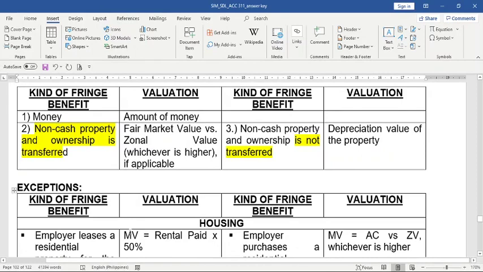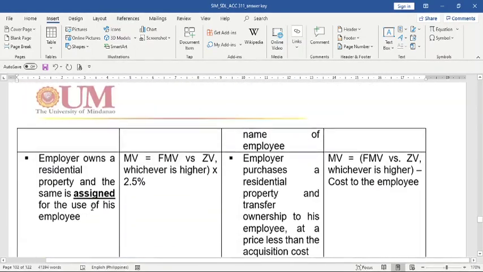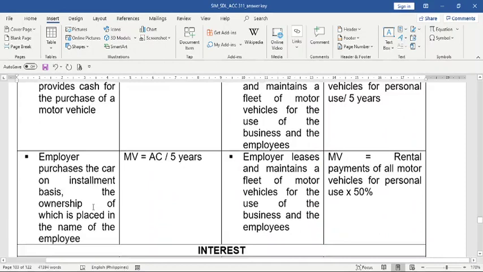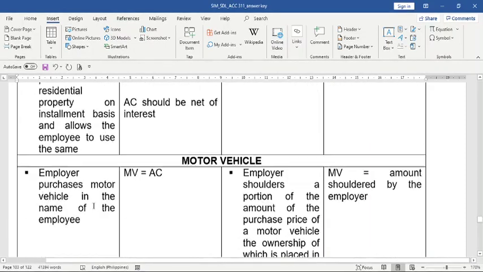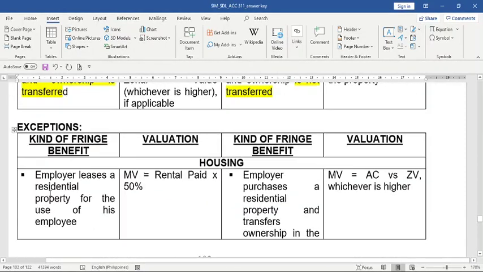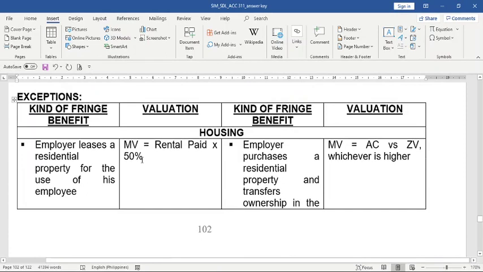Muna ang general rule, but there are exceptions. Ang exemptions lang housing, motor vehicle, and interest. No? So, exemptions natin, kung housing, kung nagpalis tayo for the use of the employee, ang rental value times 50%.